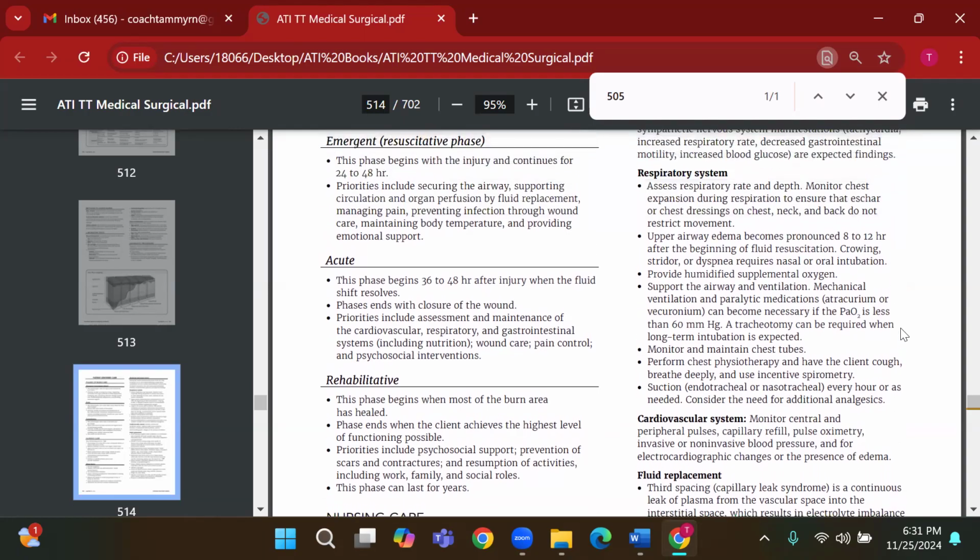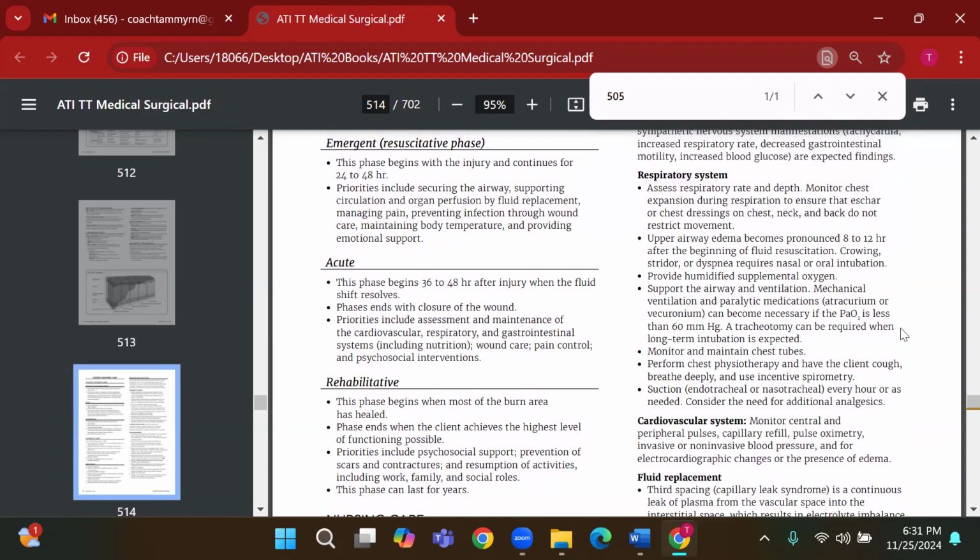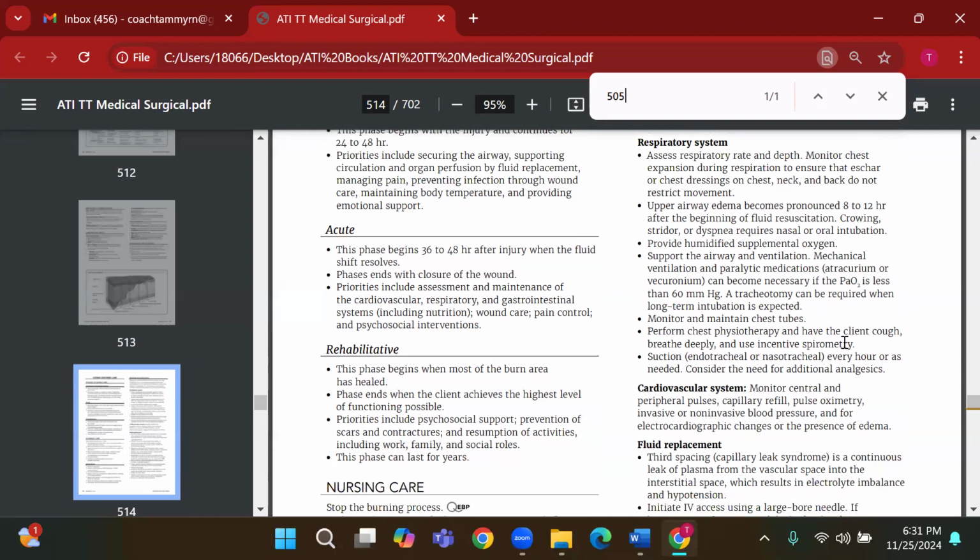So really, if we're going to watch the respiratory system, the one thing that stands out to me is making sure that you watch airway edema. And then you also watch that carboxyhemoglobin. And we look at the arterial oxygen because we're going to do an ABG on them. And if it's less than 60, we may have to do something to help them, like a tracheostomy.